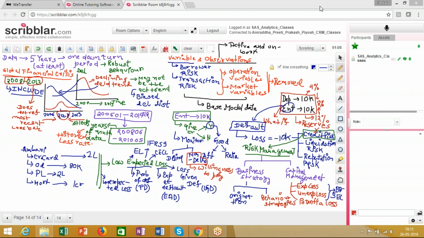So first of all, PD is not the risk of doing business, right? Probability of default is the chance of a borrower to default. When I'm acquiring customers on the books of the bank, I get to see an acquisition probability of default.